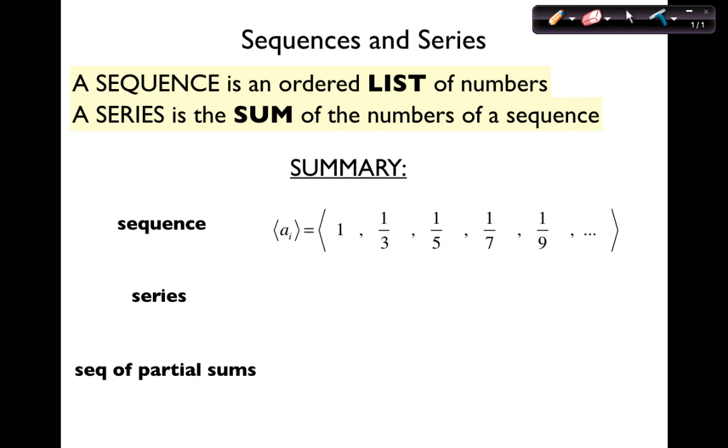So here's an example of a sequence. Here's a new one we haven't seen yet: 1, 1/3, 1/5, 1/7, 1/9, etc. What would the series be for this sequence?